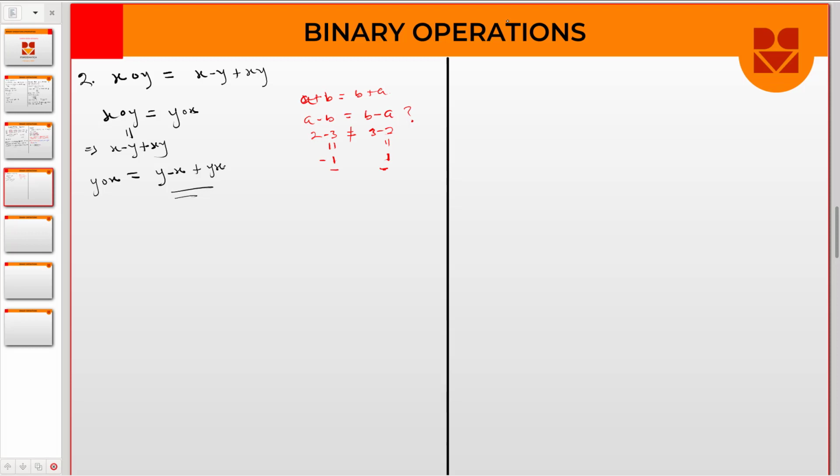Obviously, so here we say that subtraction is not commutative. Because we have a subtraction here, this could give us a different value from the subtraction that we have here. It means that our y operation x is not the same as our x operation y.